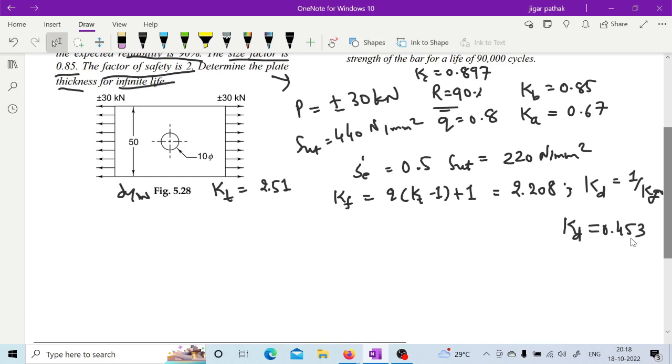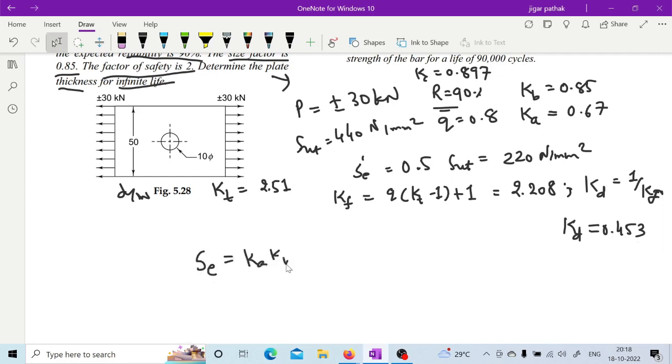So now can you tell me the corrected Se? Ka, Kb, Kc, Kd into Se dash. So what is this? 50.9 Newton per mm square almost. Right, so once you calculate this Se, is it enough or does something more need to be done?